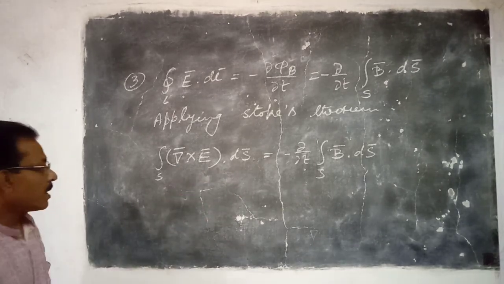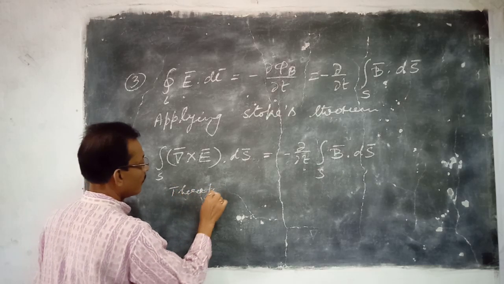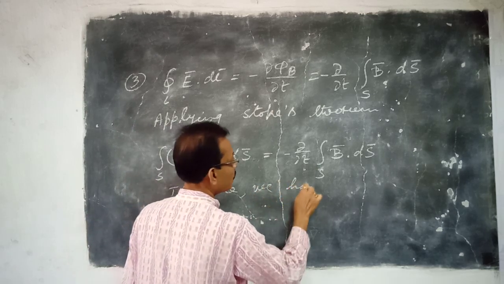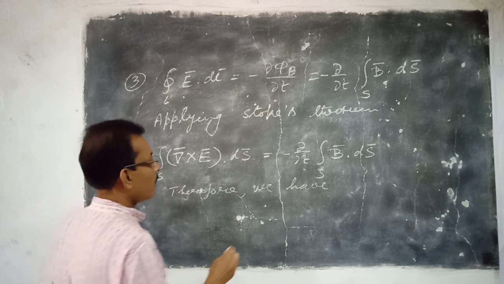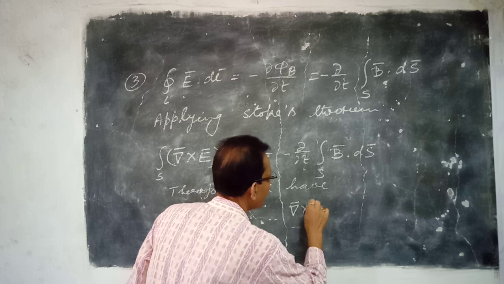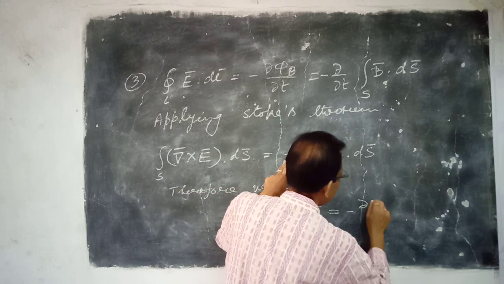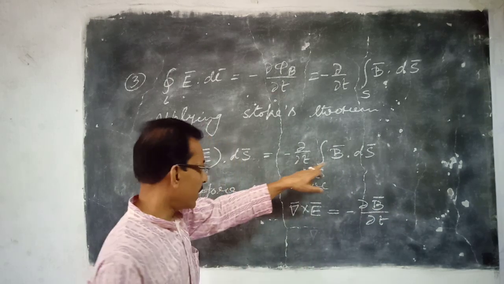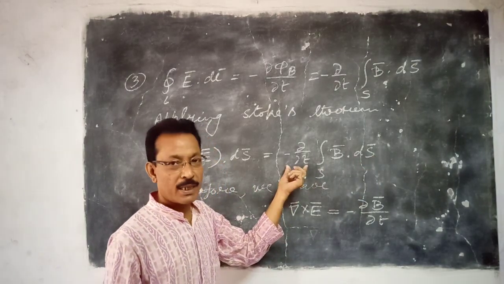Therefore, the integrands must be equal. Therefore we have curl of E is equal to minus ∂B/∂t. This ∂/∂t you can take inside because this is the integration over the space and this is the integration over the time.